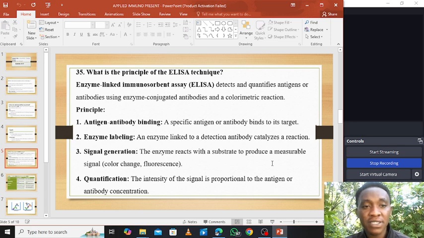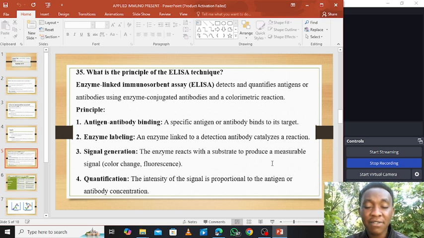The principle of ELISA is based on antigen-antibody binding, where the specific antigen or antibody binds to its target, followed by an enzyme linked to a detection antibody which characterizes the reaction, and the enzyme reacts with a substrate to produce a measurable signal, which may be a color change or fluorescence.